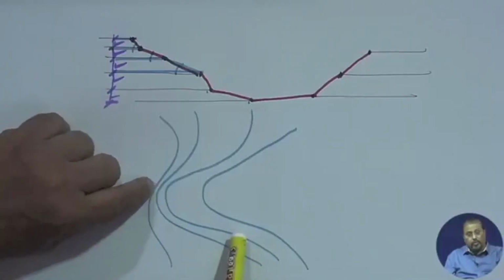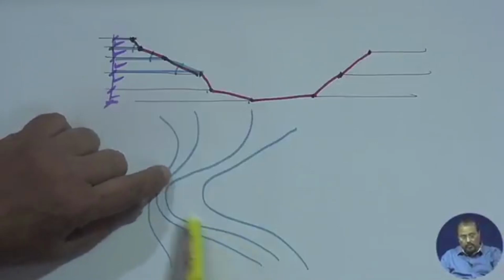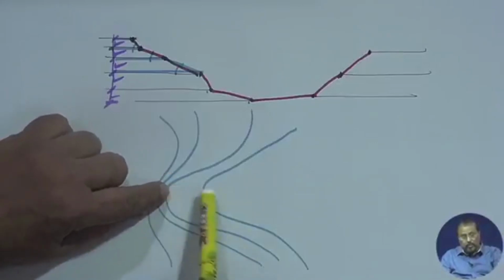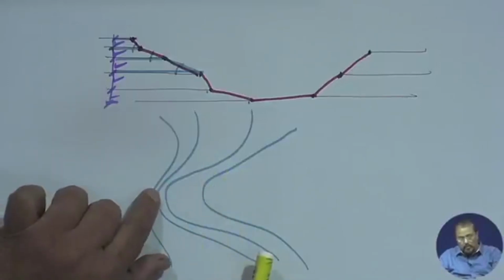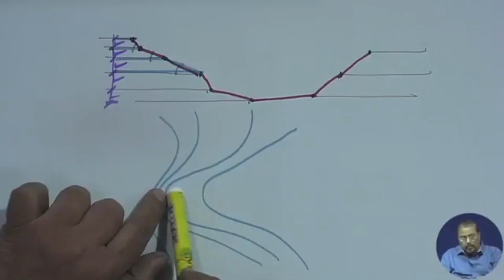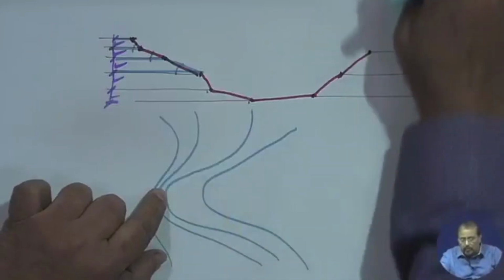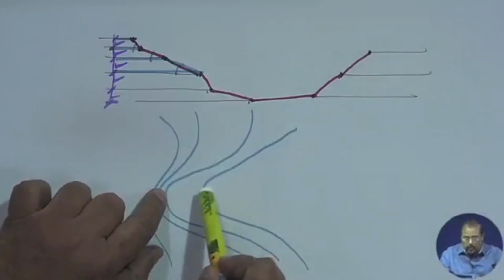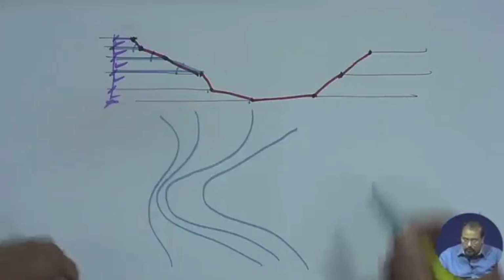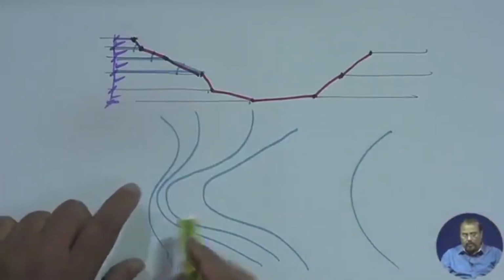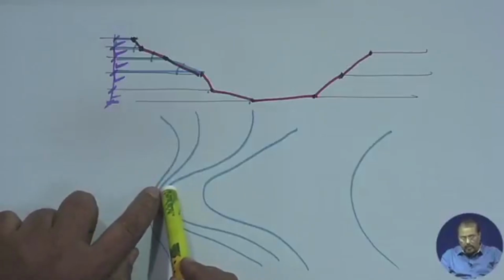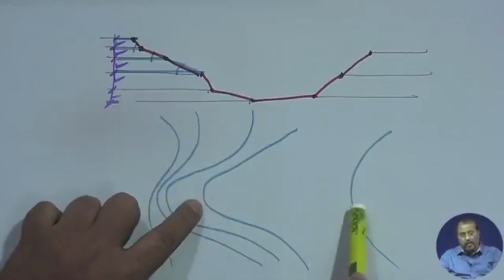They are very close to each other. This one is distant apart, but this is close here. It simply indicates that this is steeper, this is also steep, suddenly becomes gentler, and then you will see that it has become gentler, and after that suppose you find that the next contour is here. That means from steepness to slightly gentler to a little more gentler to very gentle.